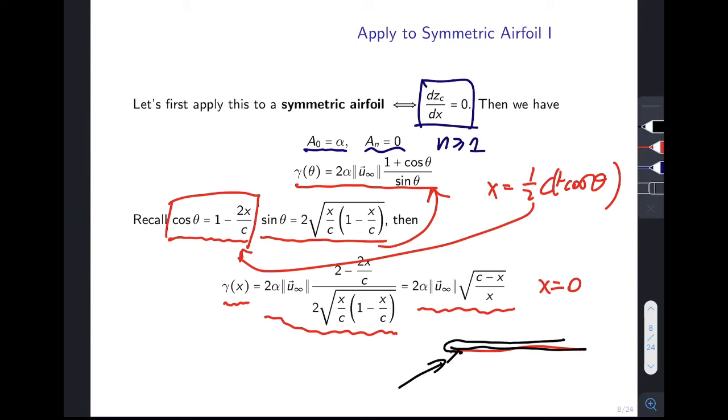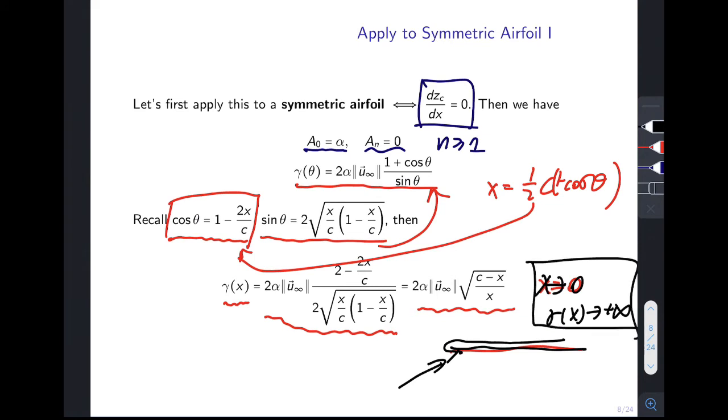This sharp leading edge has zero radius of curvature, so the fluid has to turn really, really fast. If it has to turn that fast, there should be some sort of infinite suction there, which corresponds to infinite vorticity, a point vortex there. That corresponds to the singularity at this point. So when x approaches 0, gamma x goes to infinity.